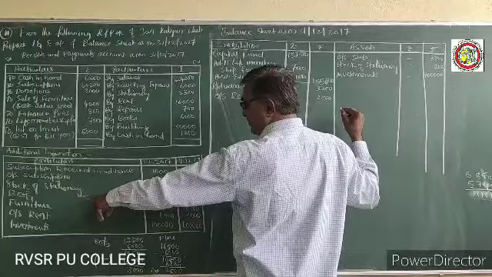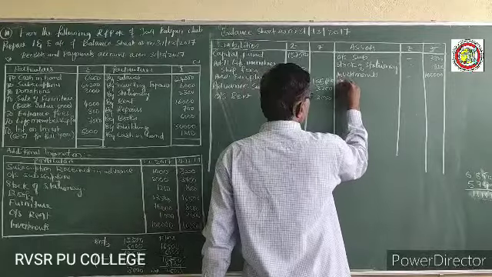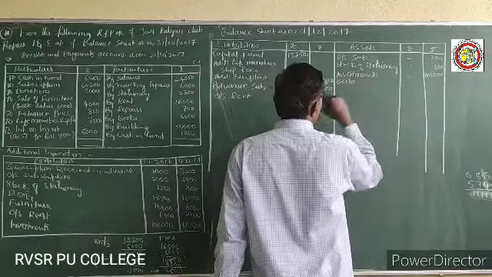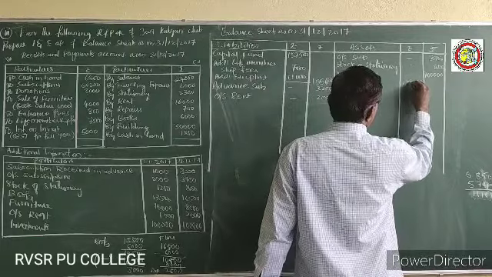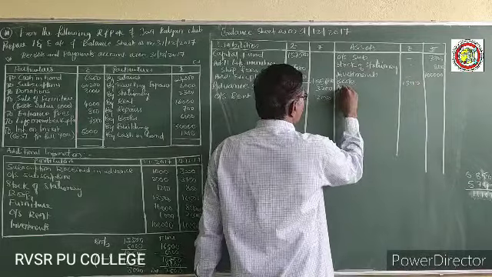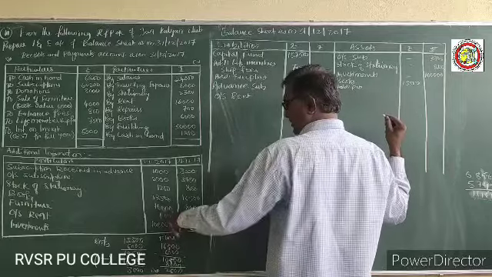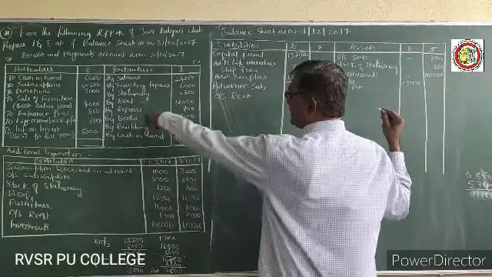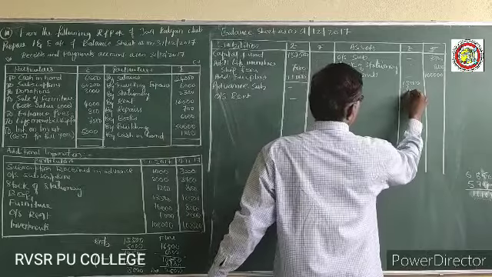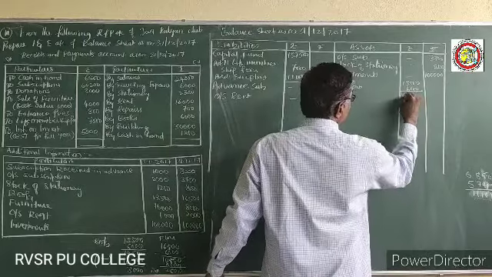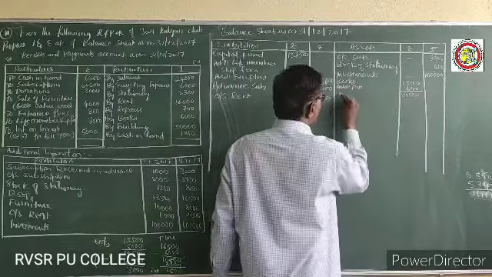Next is the books: 13,500, add purchases 6,000, total 19,500.